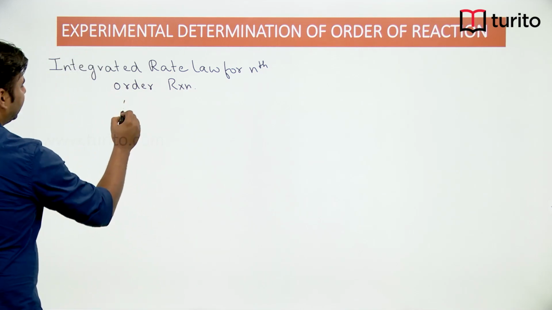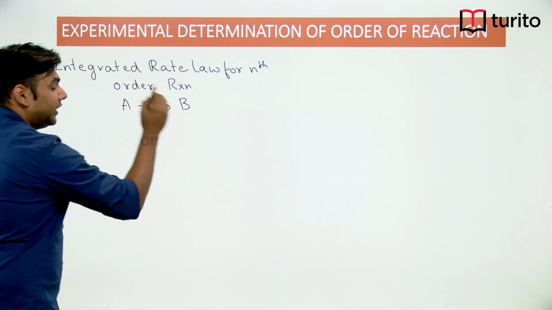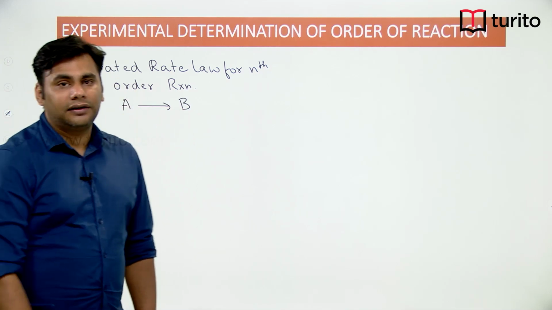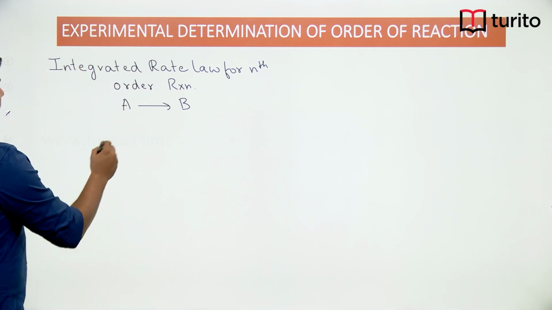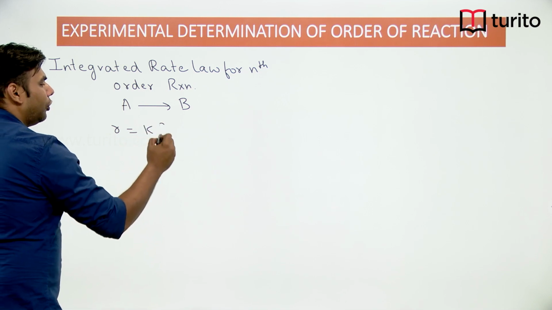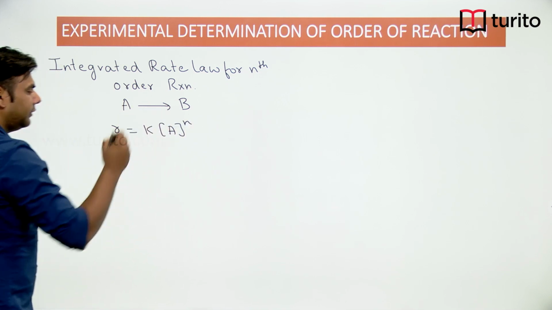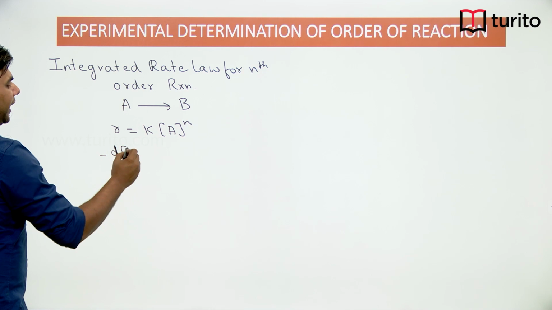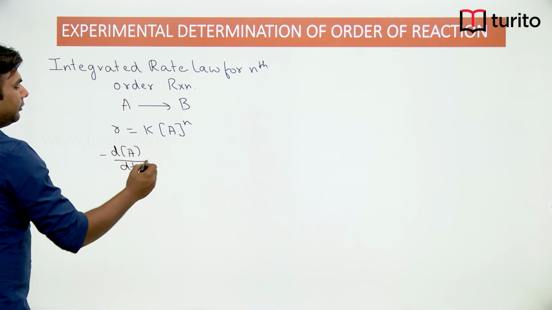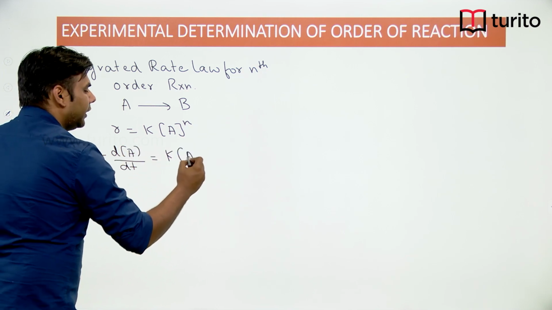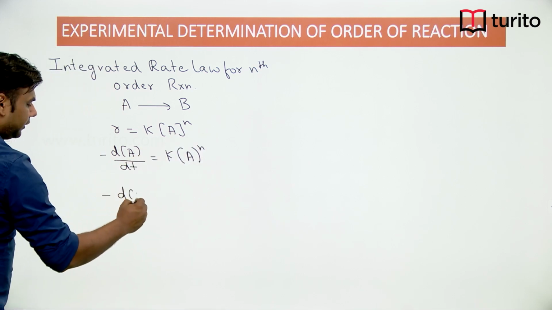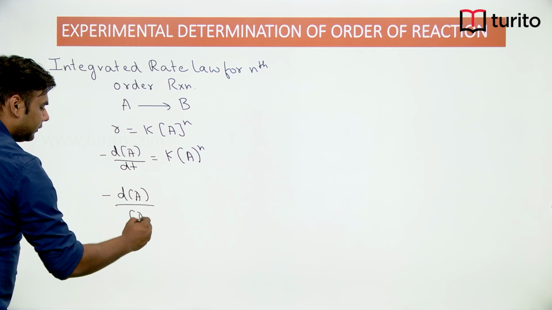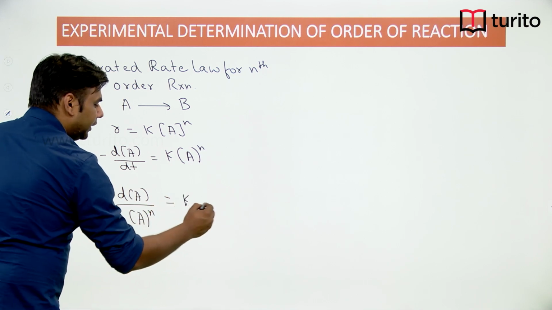Suppose there is a reaction A changing into B and this is an nth order reaction, that is, its order with respect to A is n. So we will write rate as k into concentration of A raised to power n. Rate is basically minus dA upon dt, equal to k into [A]^n. So we bring A^n over here, and this is also equal to k into dt.